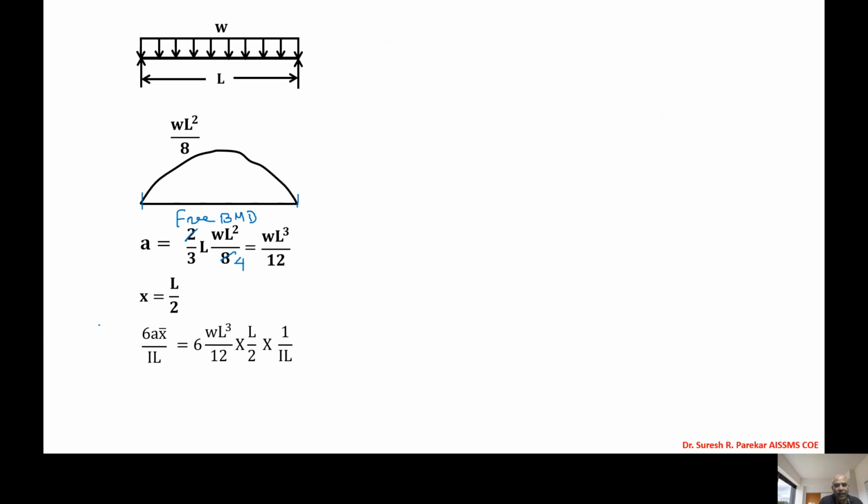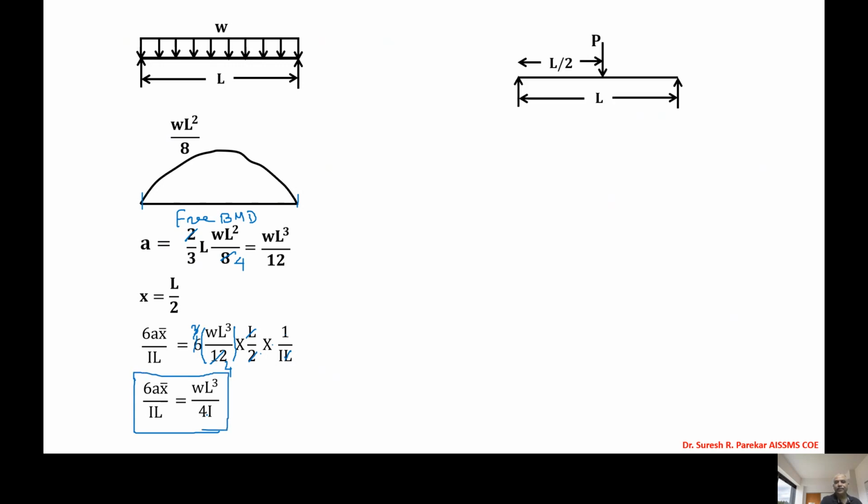Now 6 area we have calculated, this is WL cube by 12 into x bar L by 2 into 1 upon IL, and this L now gets cancelled, and then we have 2, then we have 3, and then we have this as 4. And from this we will get the value of 6a x bar equal to WL cube upon 4I.